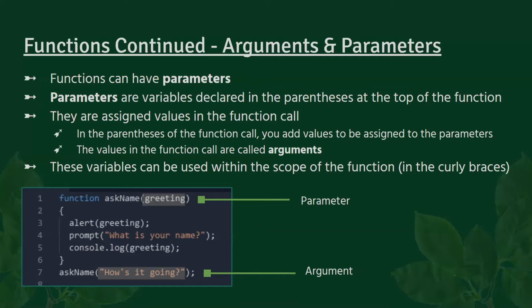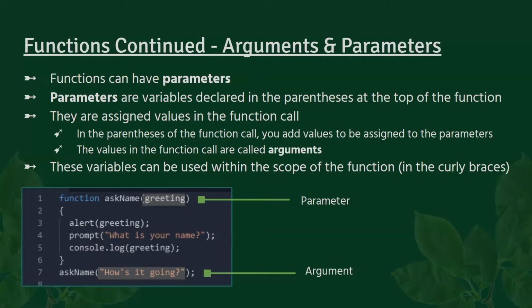Remember how we called on a function and we said function name and then 2 parentheses. Yes, that is the word, parentheses. Ask name, parentheses. Now ask name is going to take the information given to it and then address it.